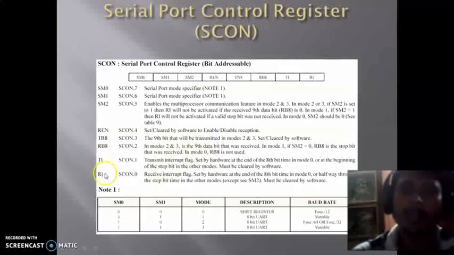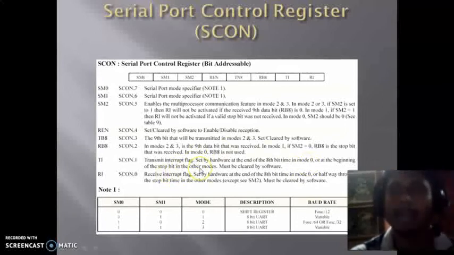And TI and RI. TI is the SCON.1 bit, the transmit interrupt flag, set by hardware at the end of the 8th bit time in mode 0, or at the beginning of the stop bit in the other modes. It must be cleared by the software.